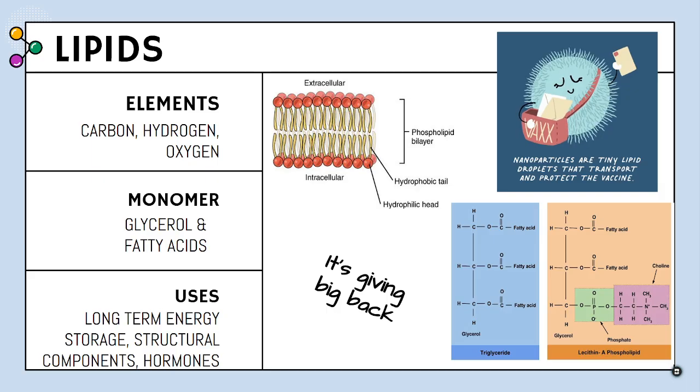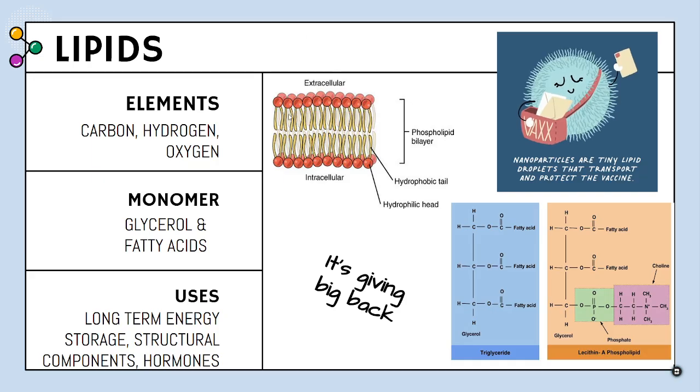Now, if you look at the lipids structurally, lipids generally are used for long-term energy storage. It's used for structural components within our cell. That little picture there in the middle portion here is called a phospholipid bilayer. Lipids help to maintain the phospholipid bilayer, which helps protect the inside of the cells, or the intracellular area, from anything that's going on outside of the cell.